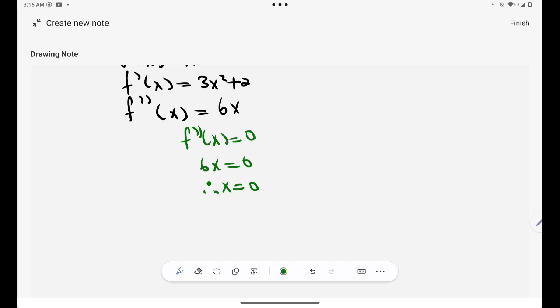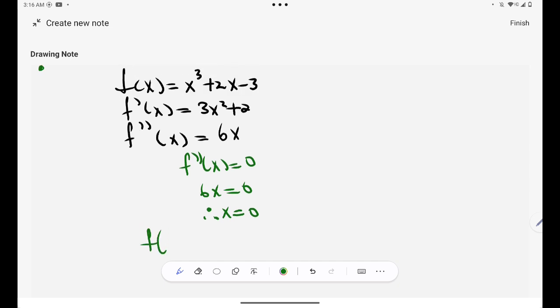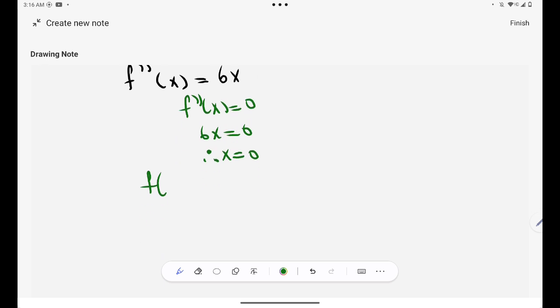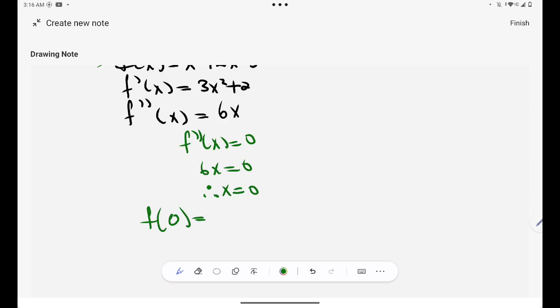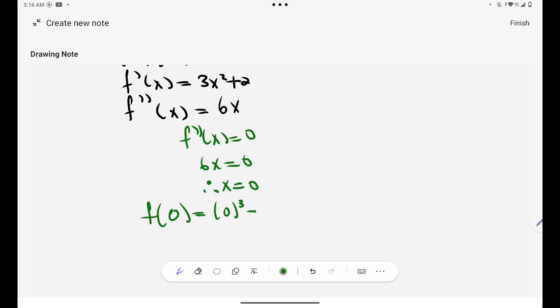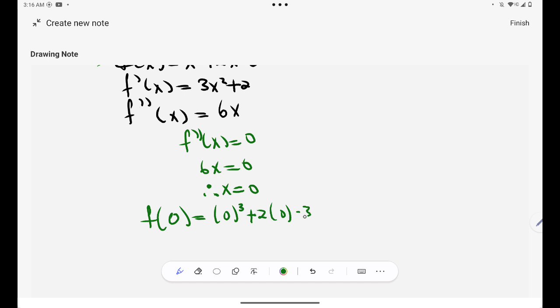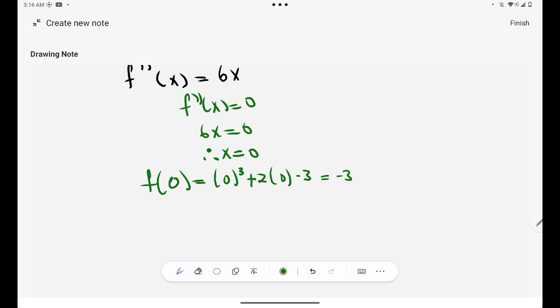The corresponding y value will be f of 0. For me to find the y value, I must substitute there in the original graph. Are we together? So when I put 0 there, I'll have 0 cubed plus 2 times 0 minus 3, and then this will give me a negative 3.